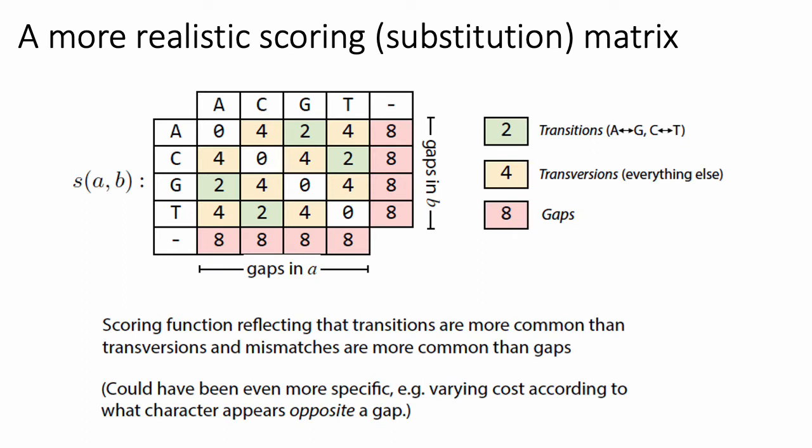And so here's an example of a more realistic scoring scheme for an alignment used in real life. Here, for example, larger values mean stronger penalization. And so here, transitions again are penalized not as badly as transversions.